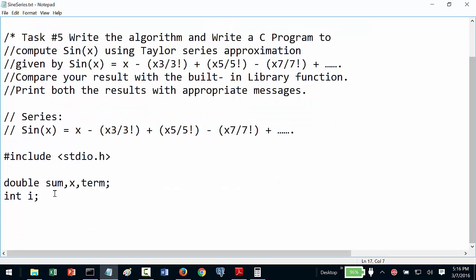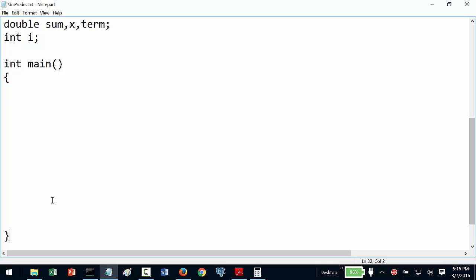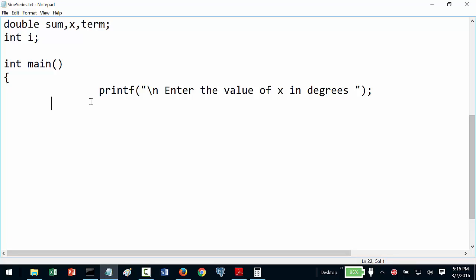Okay, so then I'll have int main. Okay, I will ask the user printf enter the value of x in degrees. Okay, so here once we accept this scanf percentage d and of, we are accepting x.